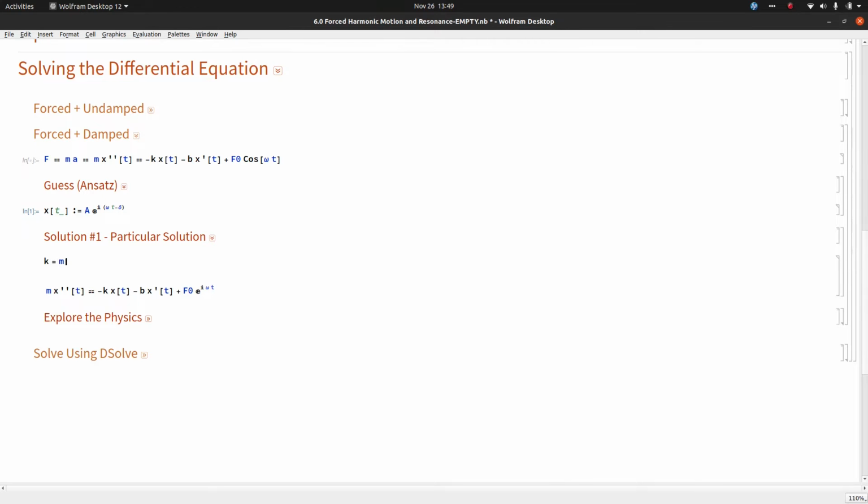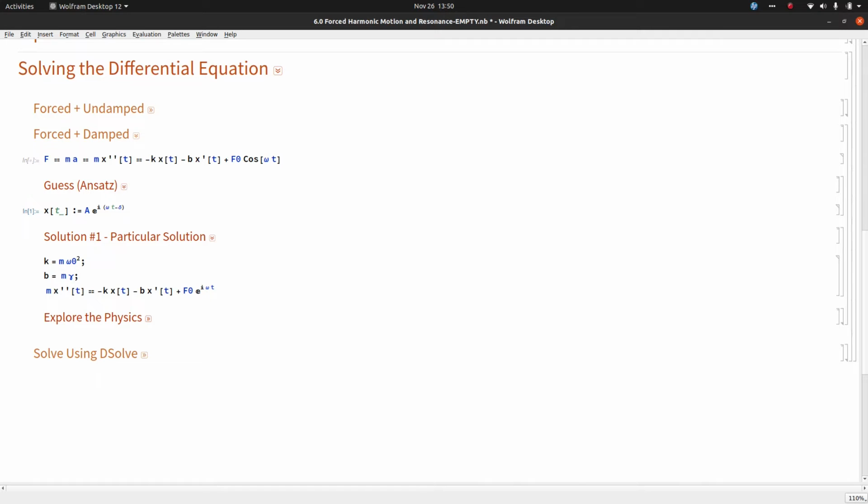I'm going to define the spring constant k in the usual way. It's going to be m, the mass, times omega naught squared, the natural frequency, I should say. And I'm going to define b, the damping coefficient, in the usual way. That's going to be m times gamma.